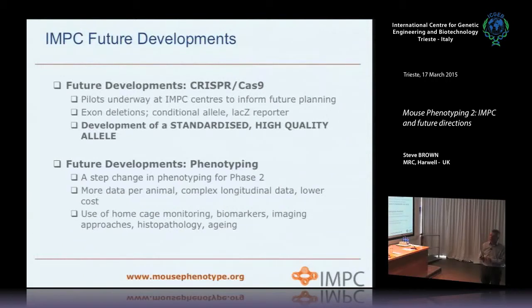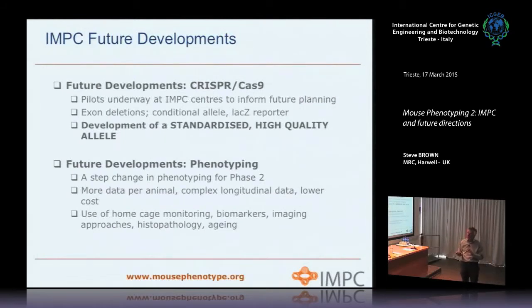We'll continue to use it for a while, but we're looking at, I'm sure this is a technology you've heard of, I'm happy to discuss it with you further, CRISPR-Cas9 technology for making IMPC alleles in the future. And there are various pilots underway at IMPC centers to inform how we'll use CRISPR-Cas9 in the future, and the kind of allele that we'll make. But importantly, whatever we make, it will be a standardized, high-quality, gold standard allele.